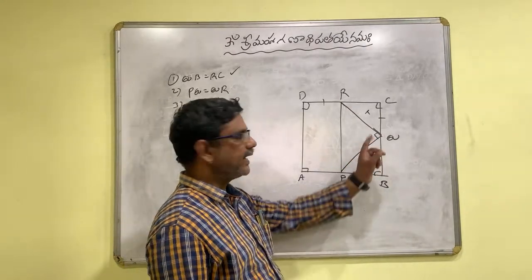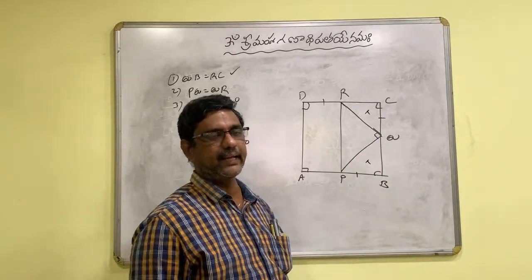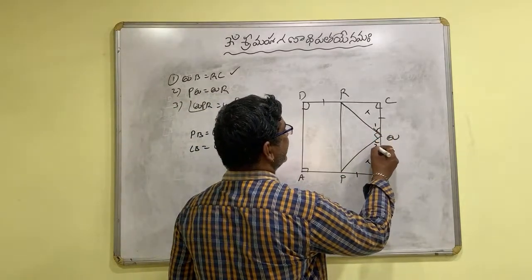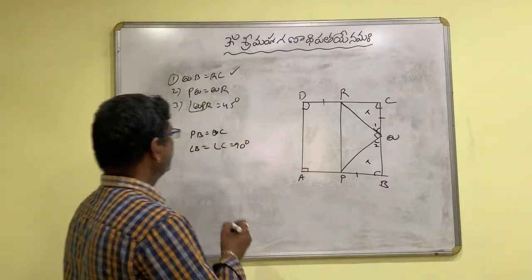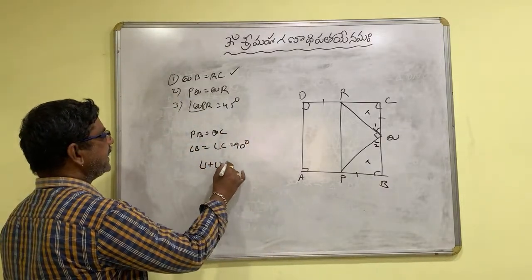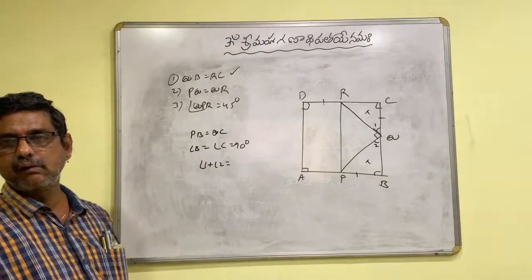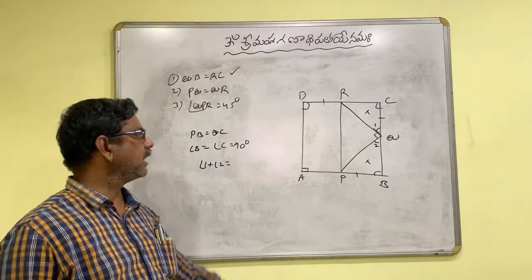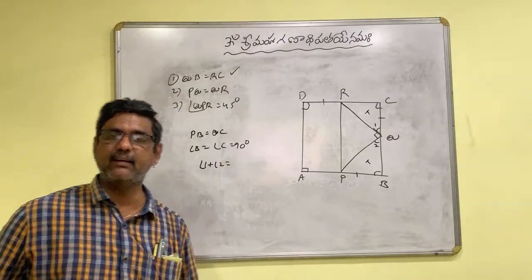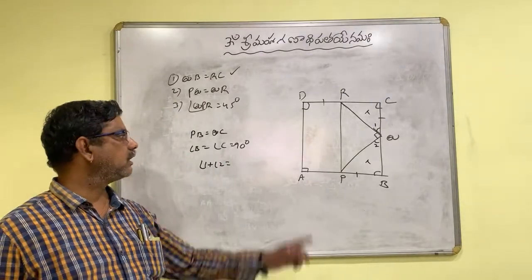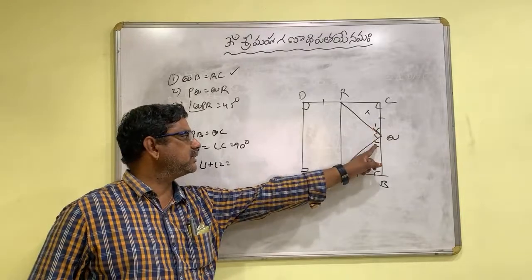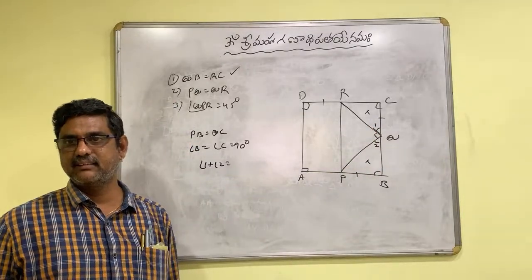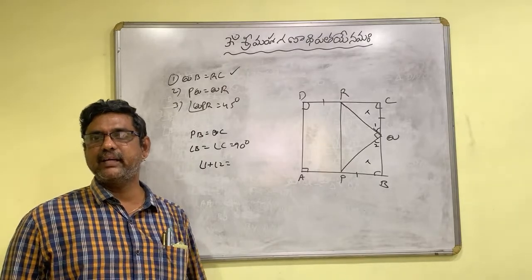Given angle Q is 90. I am naming this angle as 1 and this angle as 2. Can anyone say what is angle 1 plus angle 2? Some say 180.